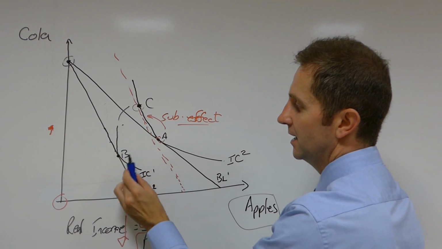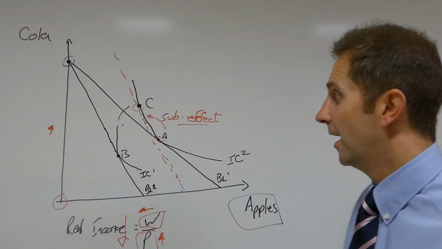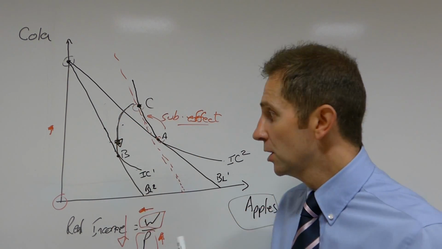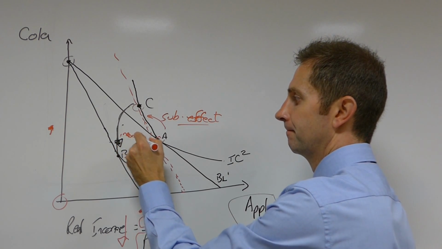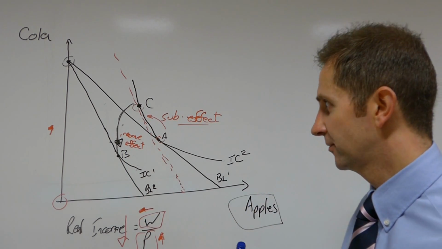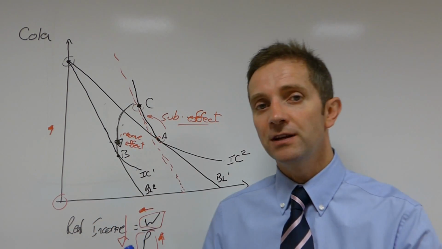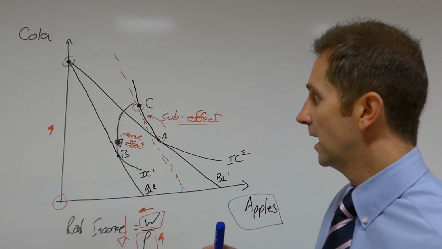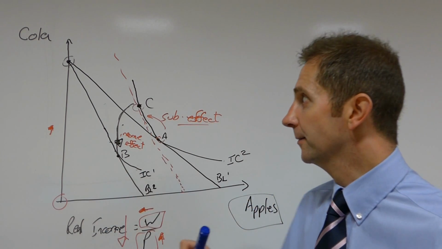So now this point B is very clearly to the left of C and beneath point A. And that, ladies and gentlemen, this movement from C to B, this, as you know, is referred to as the income effect. And again, this income effect is negative. So the substitution effect is negative, the income effect is negative. Both of these effects are reinforcing one another, and so ultimately we end up moving from point A to point B.